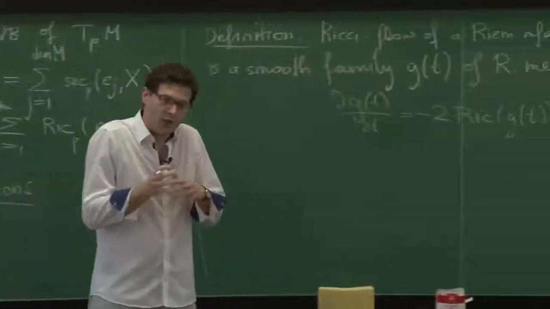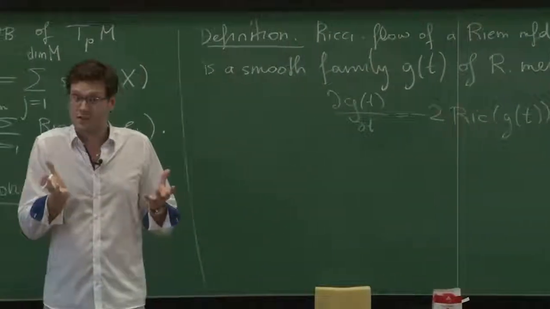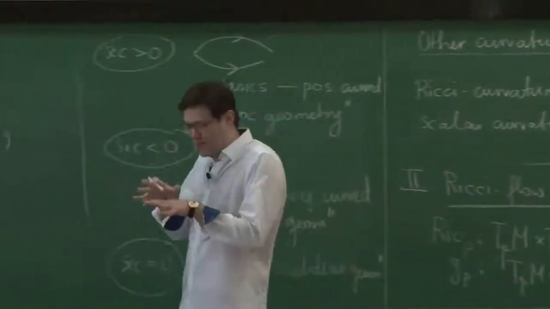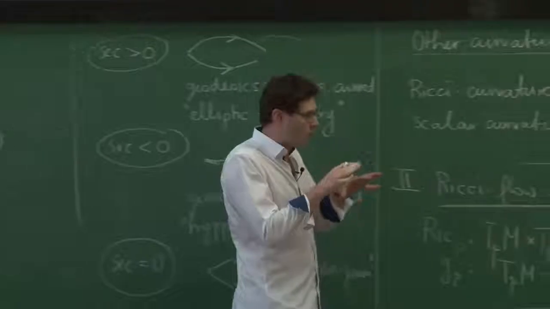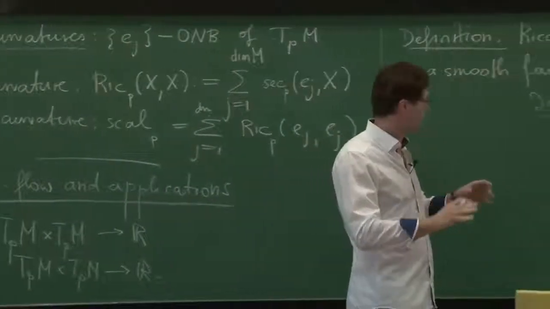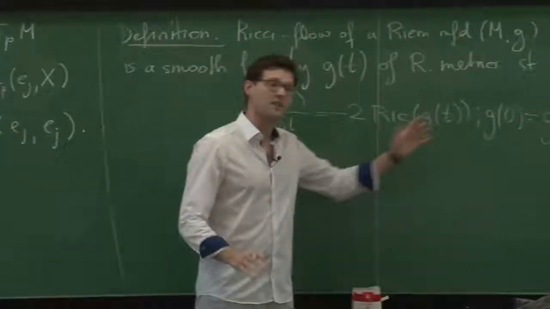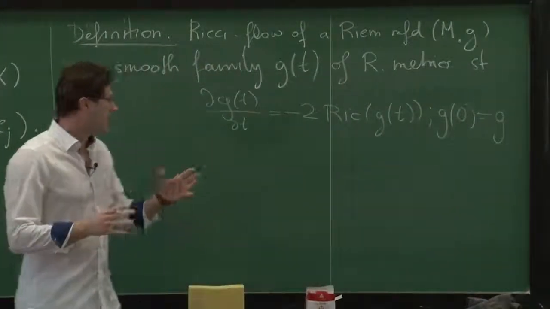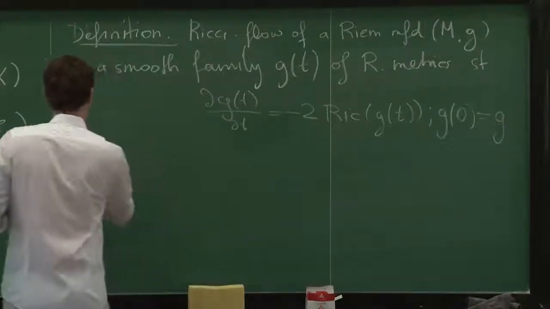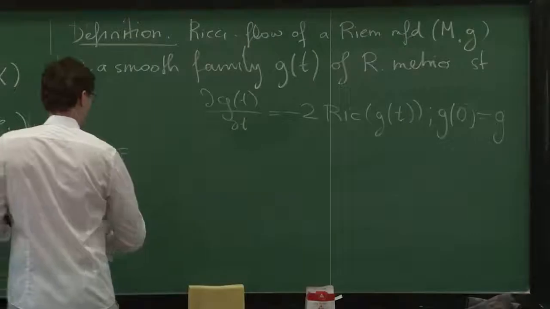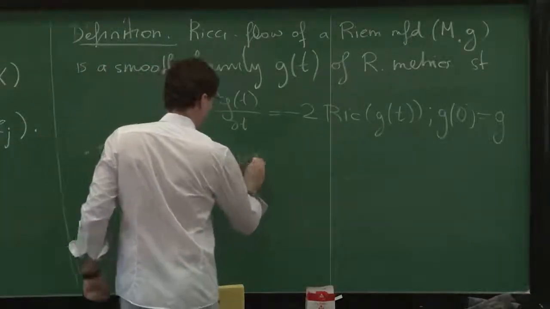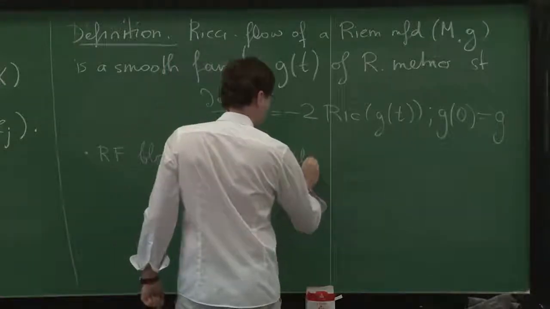Let us try to understand intuitively what it does. Assume we have a piece of the manifold where the Ricci curvature is negative. Then we will see that the right-hand side is positive, and therefore the metric kind of blows up. So the Ricci flow blows up negatively curved parts.